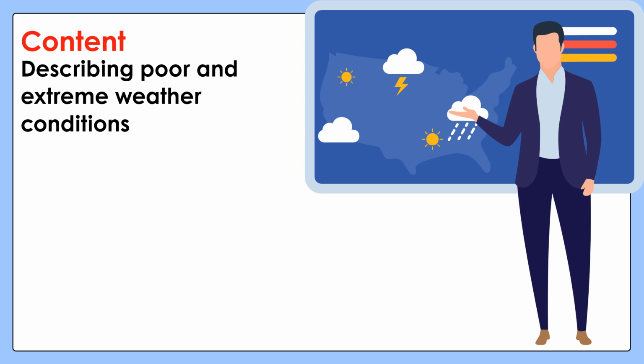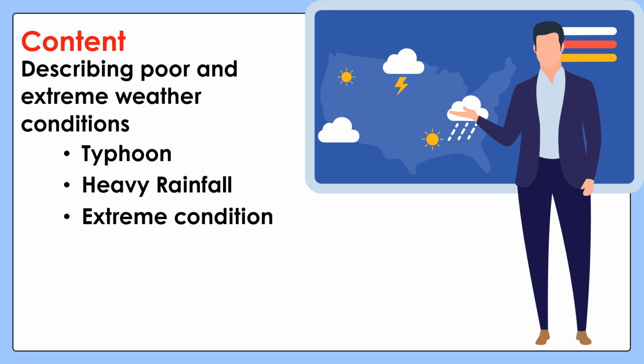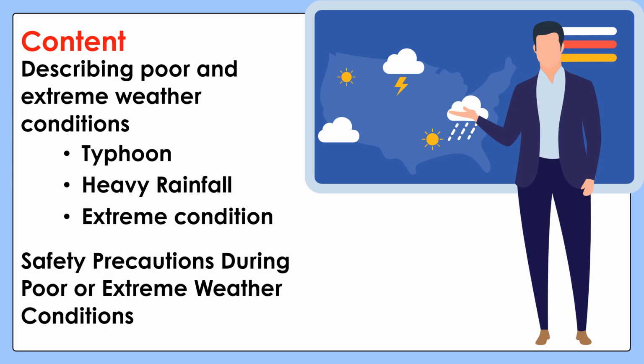Contents: describing poor and extreme weather conditions, such as typhoon, heavy rainfall, extreme condition. Safety precautions during poor or extreme weather conditions.